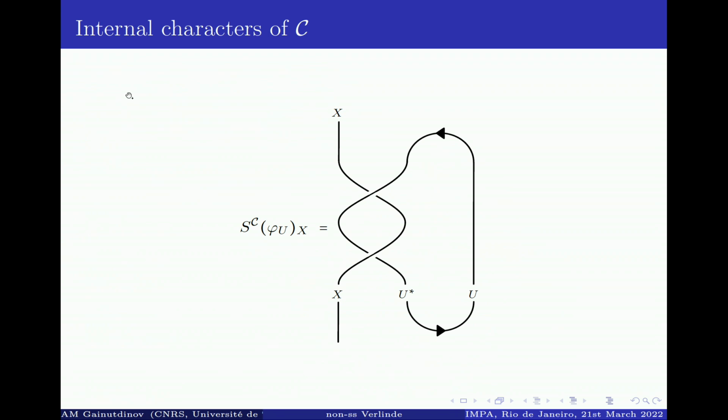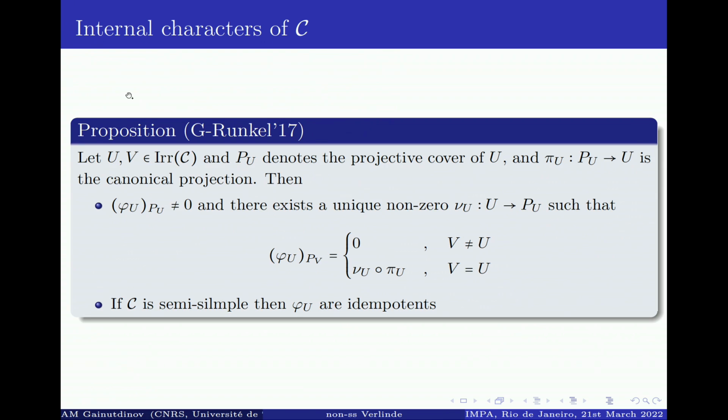So basically you use just double braiding and evaluation and coevaluation. And these phi U are really analogs. You know them very well in the semi-simple situation. When C is semi-simple, these phi U are just idempotents corresponding to a given U. So they act on every simple object V by 0 unless V is iso to U. In the non-semi-simple situation, they are very far from being idempotents.